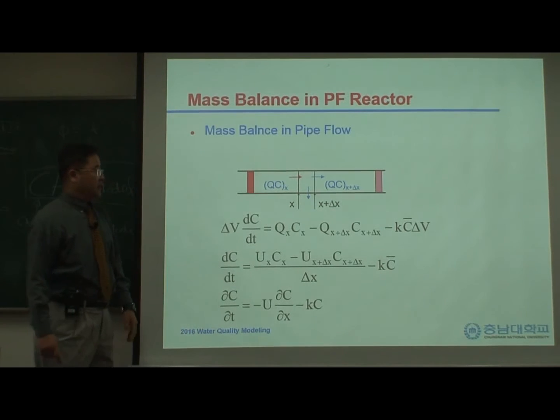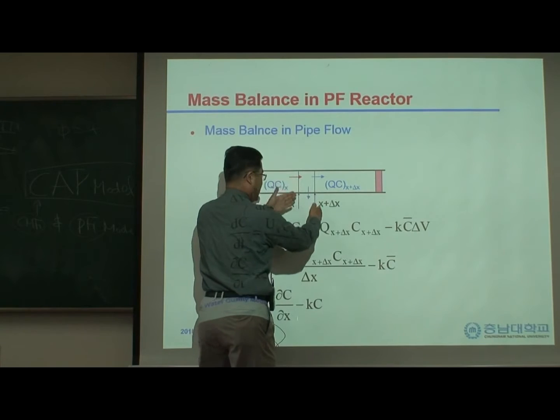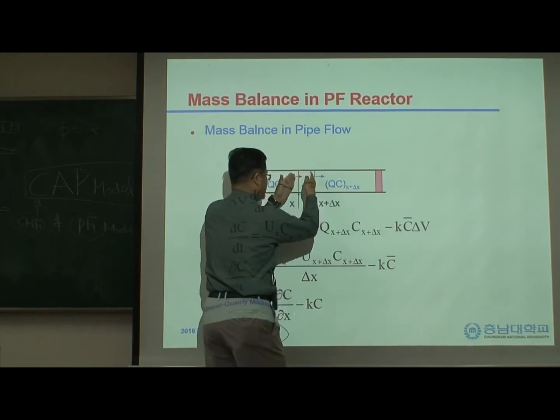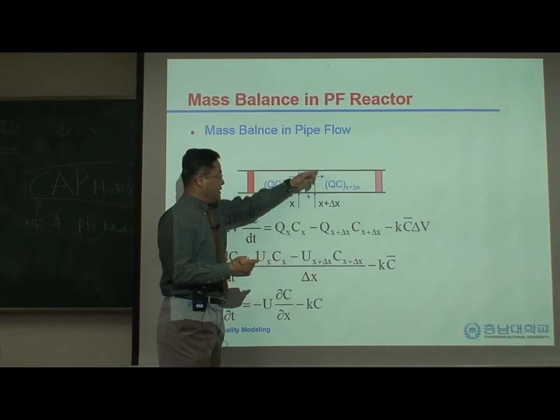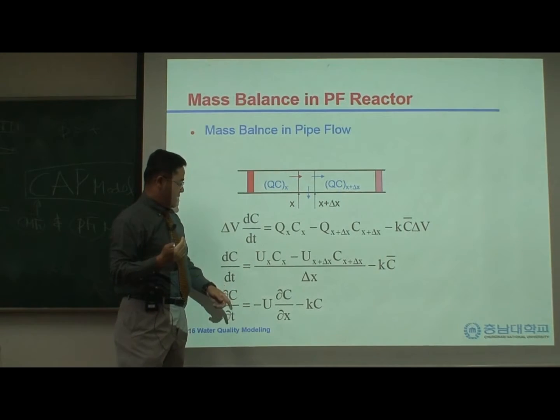Right? In this small piece of the box, I will still have some decay. And I will just define this volume delta V, where A will be the area of this river.